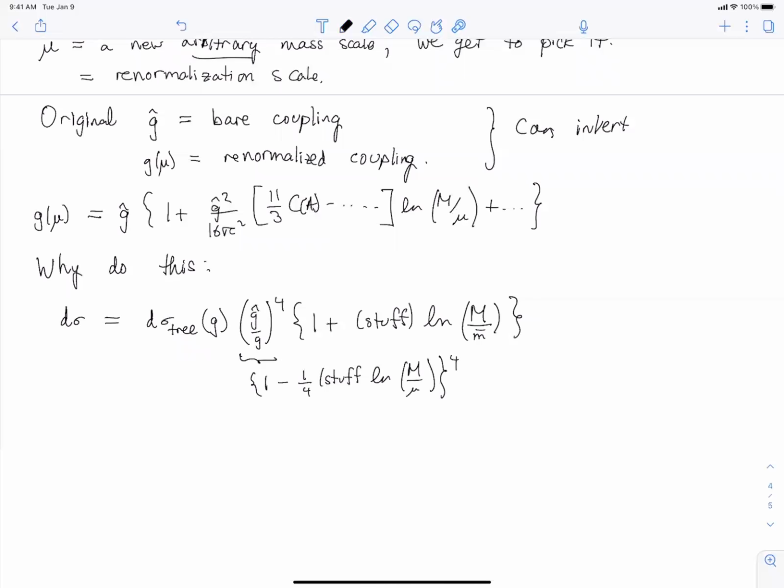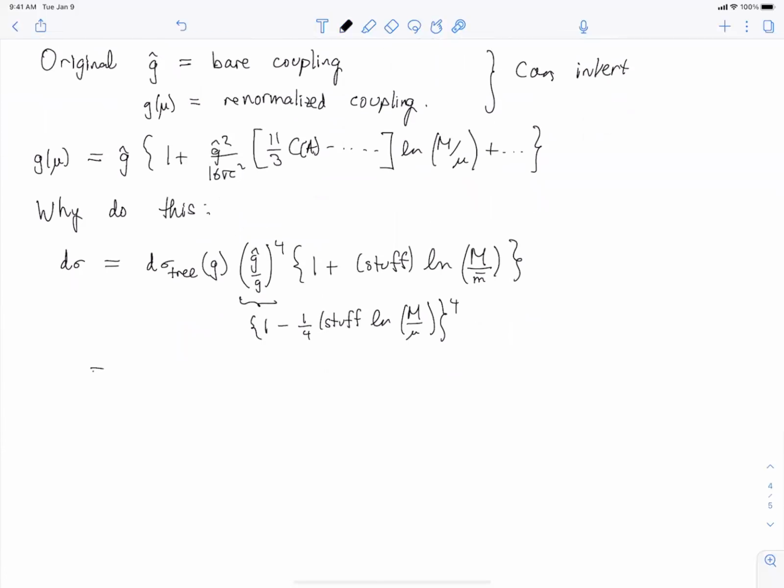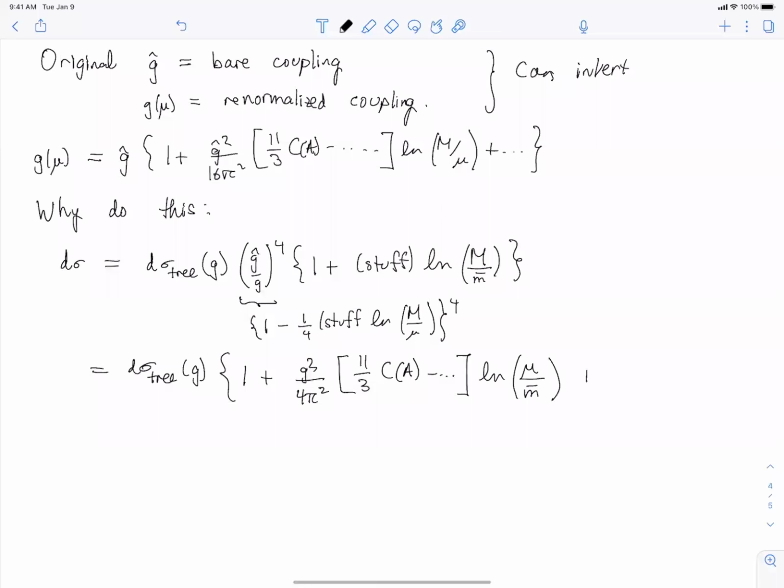So now if I expand out in the stuff, I find out this is the tree level differential cross-section times 1 plus, I'm going to rewrite stuff that looks like it's the same, but there's going to be a subtle difference. So 11/3 CA minus the other group theory part, logarithm of mu over M bar, plus higher order stuff.